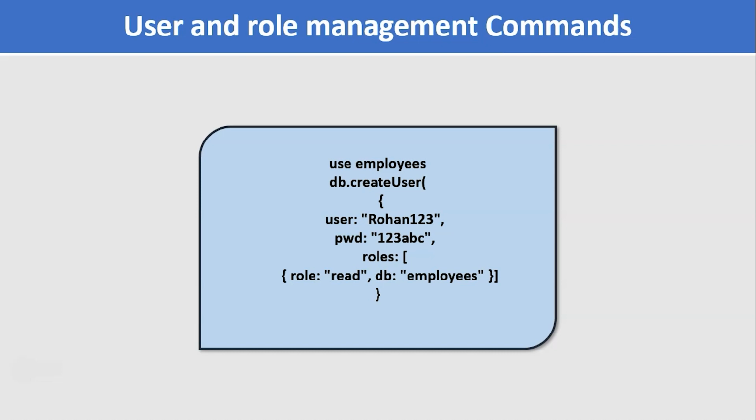Next, I'm also giving roles to this user. That is, I'm giving the read operation. That is, the user who has access to this database employees can only read the information. He can just view the data, but he cannot make any changes to this employees database. So I hope you understood this. Let us now directly jump into the execution part.